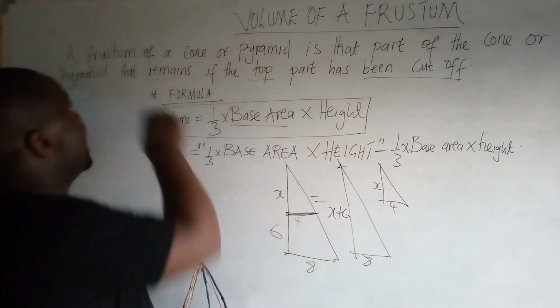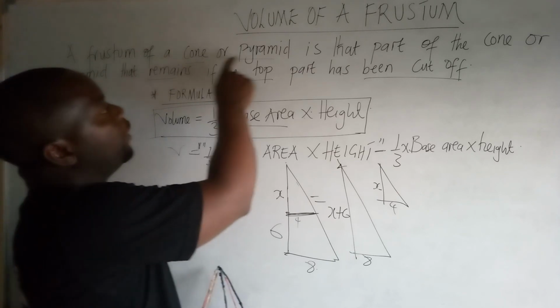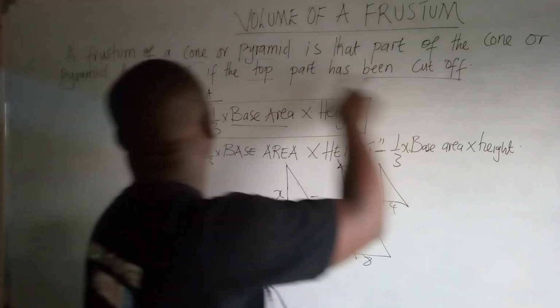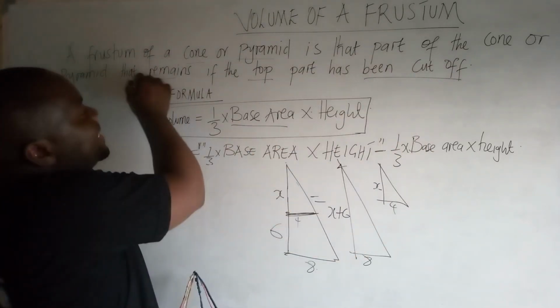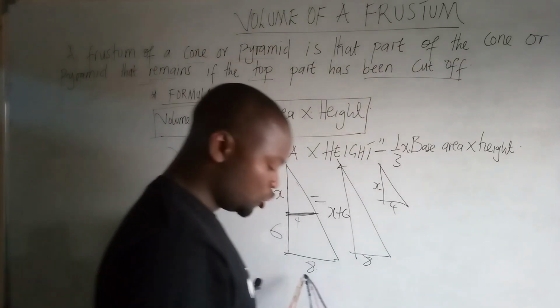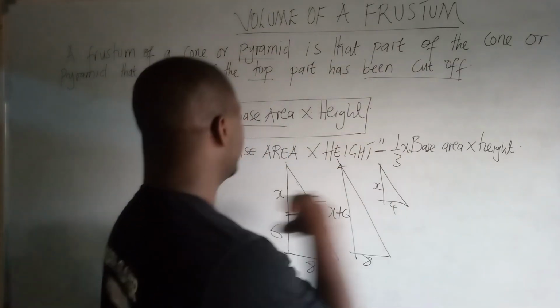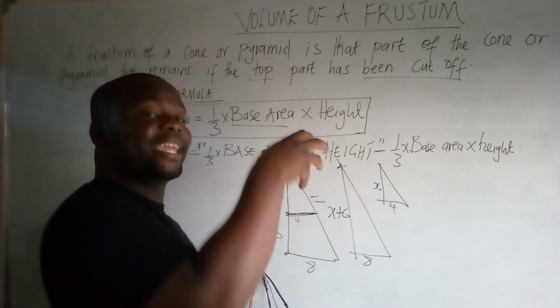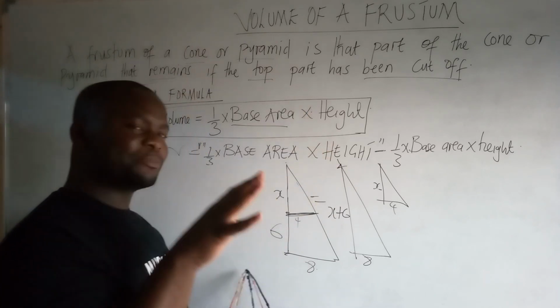Remember, we have said a frustum of a cone or a pyramid is that part of the cone or pyramid that remains if the top part has been removed. So we need to remove the top part from the big pyramid or the big cone. Hope you are enjoying my explanation.